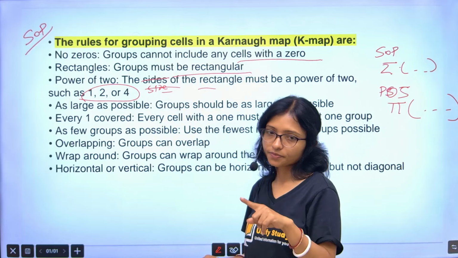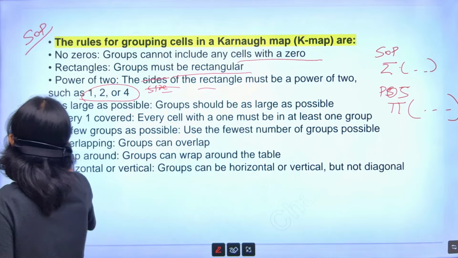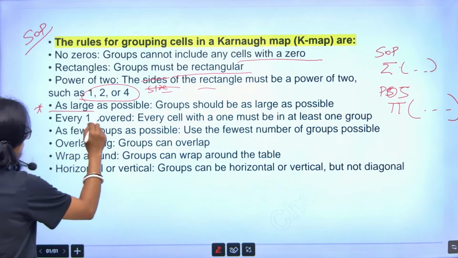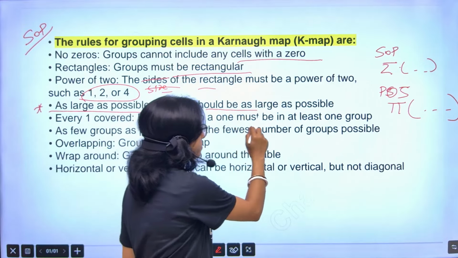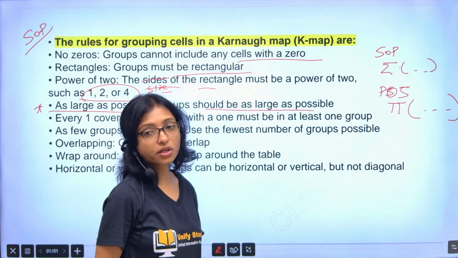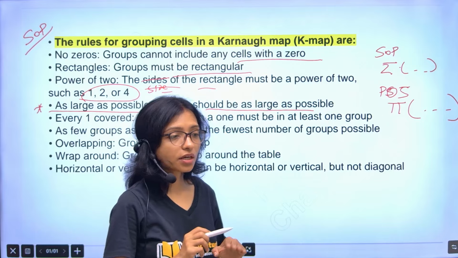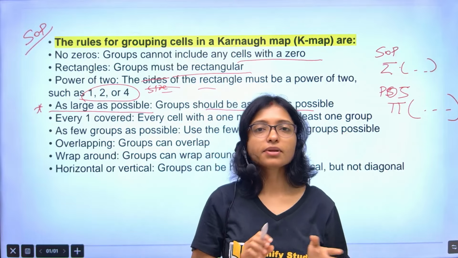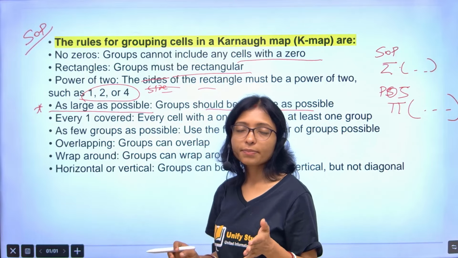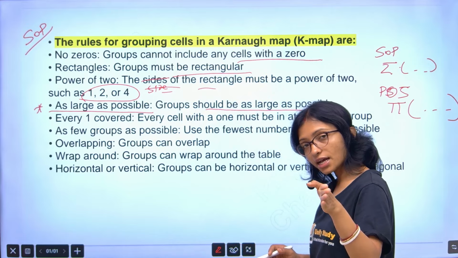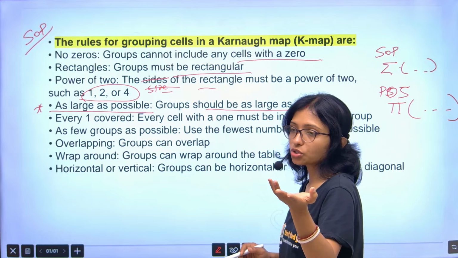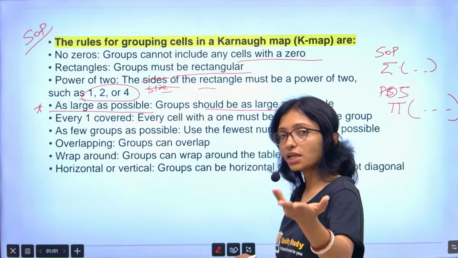Now this is very important: groups should be as large as possible. In a single group your target should be to cover the maximum number of 1s. Maybe I can make a group of two 1s, and there is a chance to make a group of four 1s, or even a group of eight 1s.